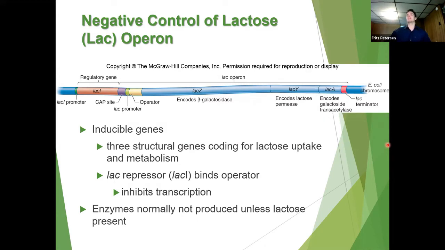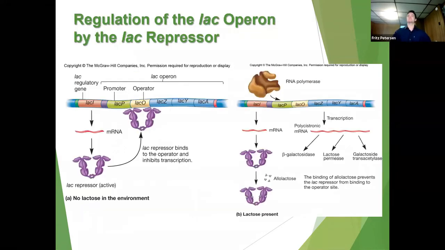And here the control is done by the lac repressor, or LacI, which binds to the operator, and in this way inhibits transcription. And again, the enzymes are not produced unless lactose is present. So here you can see that process happening. When there's no lactose in the environment, this lac repressor will bind to the operator, and it will inhibit transcription.